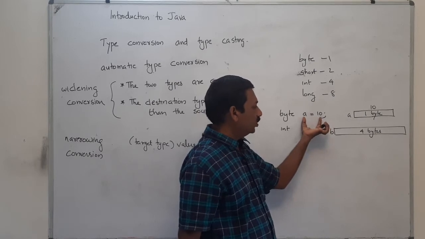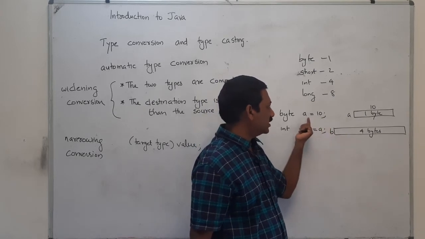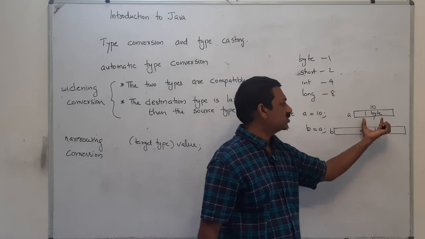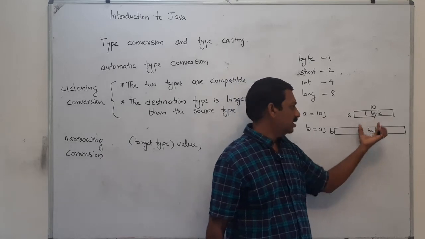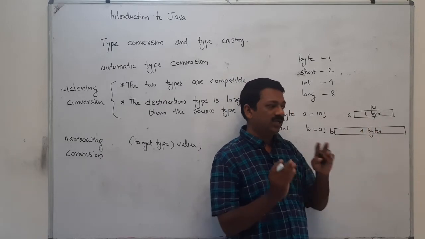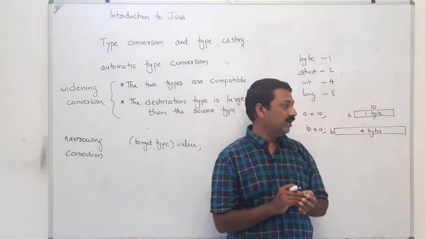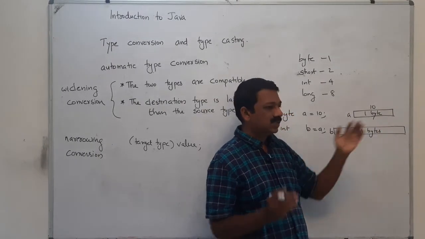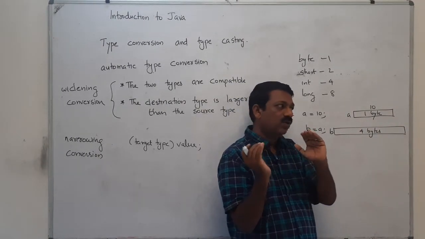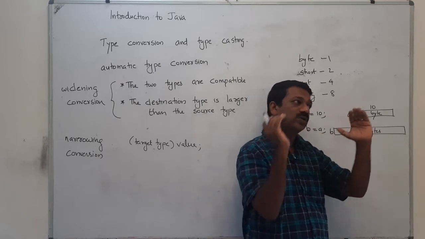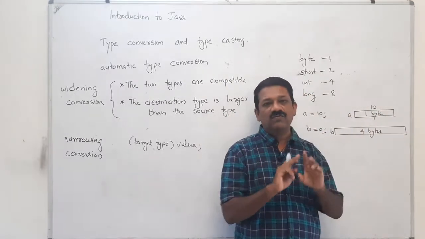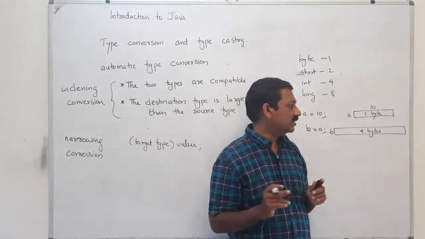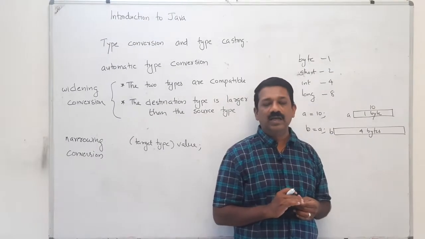Now you are going to assign a to b. This a has only a single byte, and b has 4 bytes. Actually, it's a widening conversion. Here this is a small type, and you are going to store it in a larger or wider place. So in that case, automatic type conversion is done.